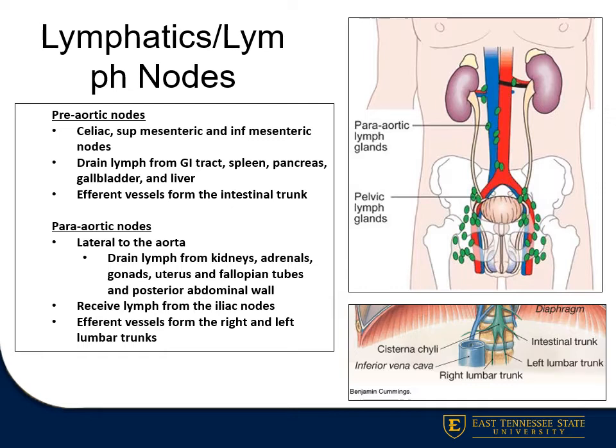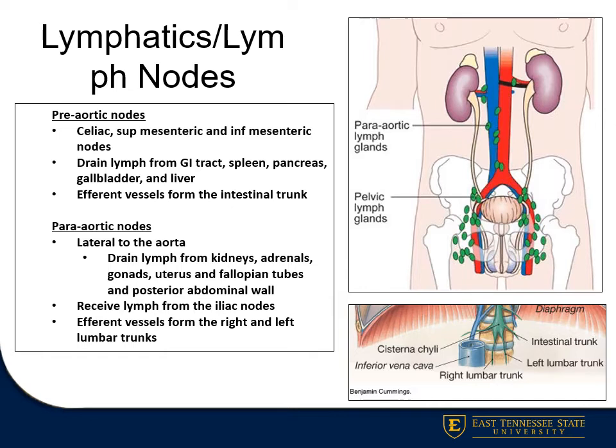The preaortic lymph nodes are the ones on the anterior portion of the aorta, or sit anteriorly to the aorta, and these all correspond with the celiac, superior mesenteric and inferior mesenteric arteries, and whichever group they're in, they're just called the celiac nodes, the superior mesenteric nodes, or the inferior mesenteric nodes. These drain lymph from the GI tract, the spleen, the pancreas, the gallbladder, and the liver.